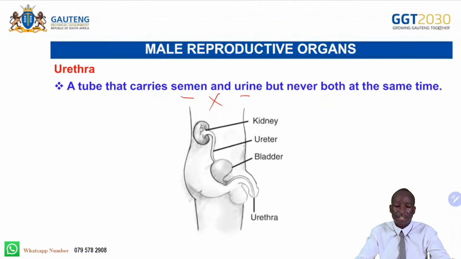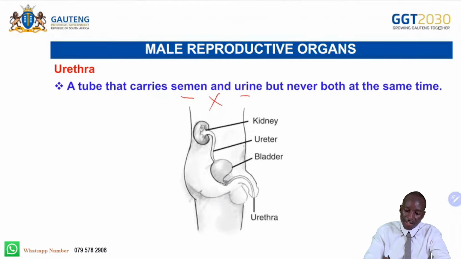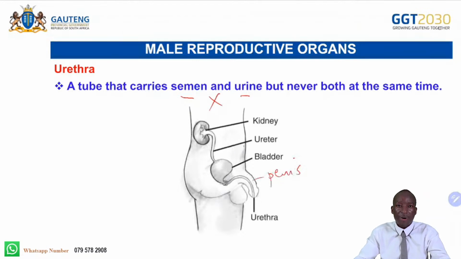Shown there is the diagram, which is showing exactly where the urethra is and what it is. It goes through the penis. This one is the penis. So there is the urethra. Okay. So when it's time for passing out urine, there is the bladder, as you can see. Urine is released from the bladder. Then it connects to the urethra.